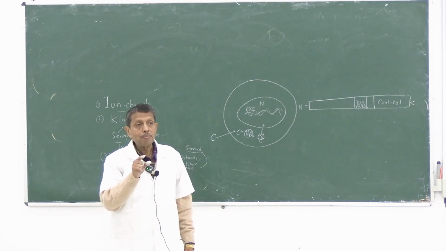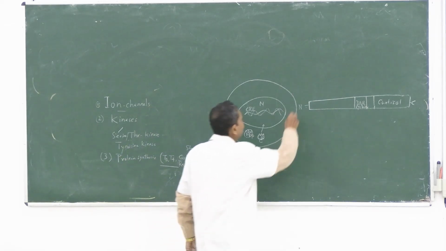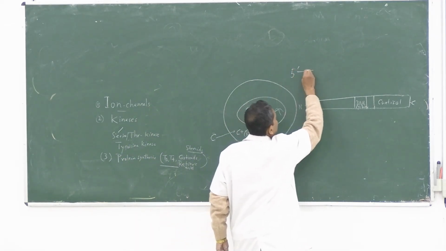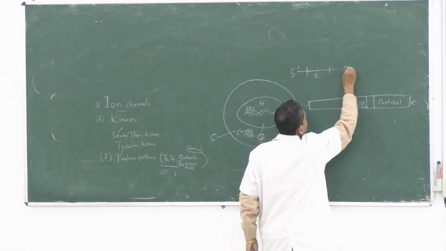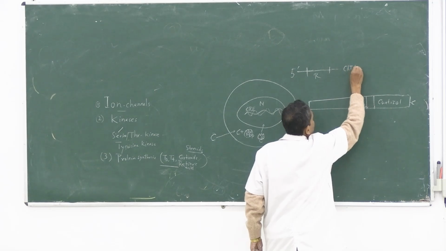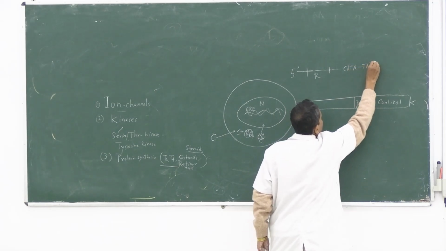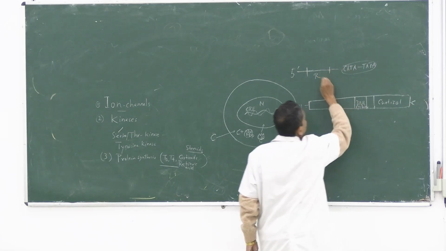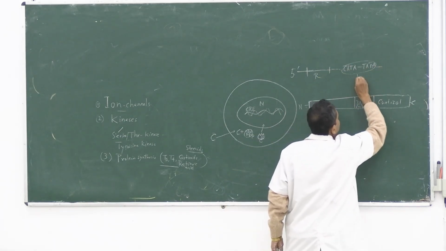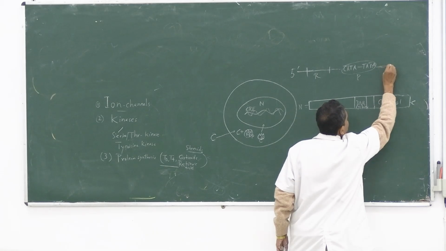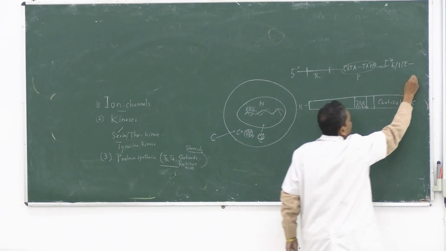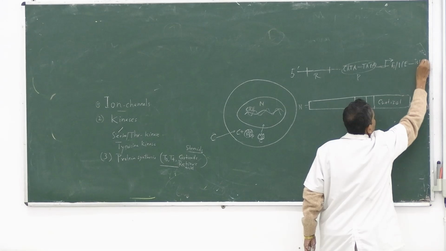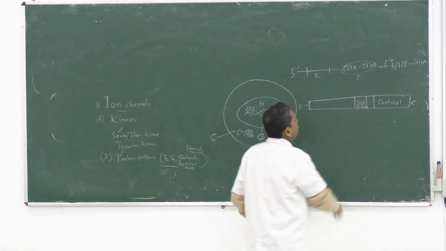It contains at the 5' end the regulatory part, which is the promoter region, and then there are exon, intron, exon in this way, and this is the terminal part, the poly A part, the 3' end.